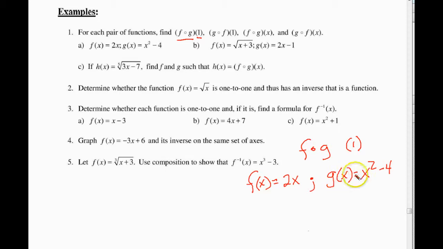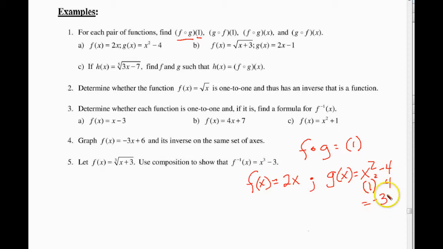This is the function of g, and we're saying that x is going to equal 1. So right there, we're going to put the 1 there, square it, and then minus 4. So 1 squared is 1, minus 4 is negative 3.